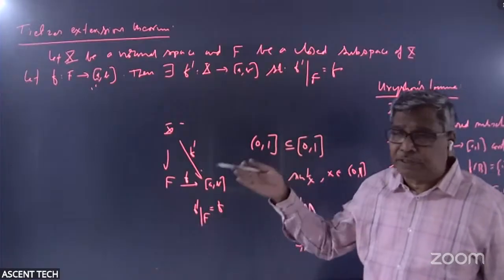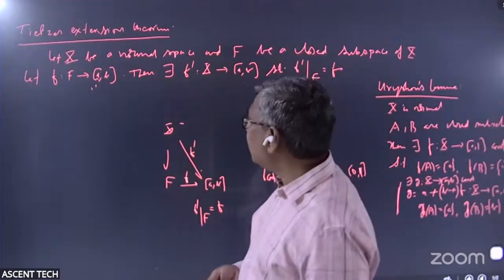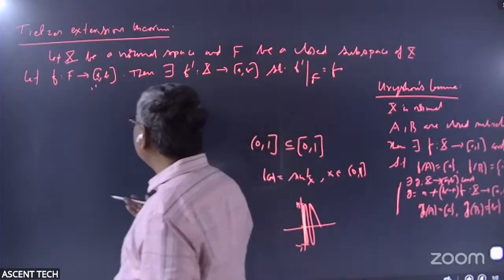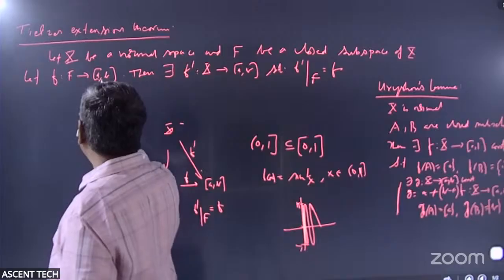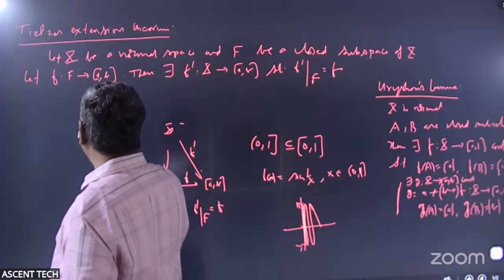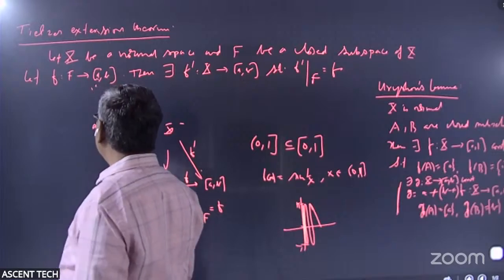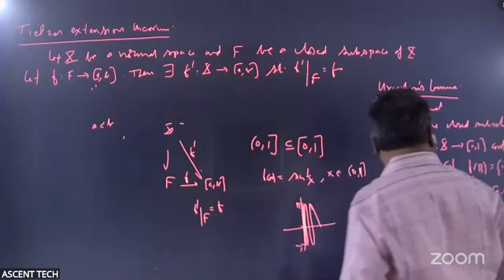Constant functions are continuous, doesn't matter what topology you keep here. So if a and b are equal, there's nothing to prove. But if a and b are different, then a is less than b, and you have genuinely a reasonable, non-constant function.